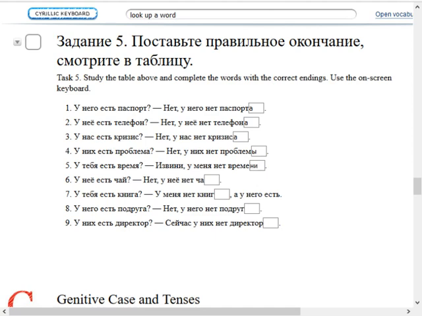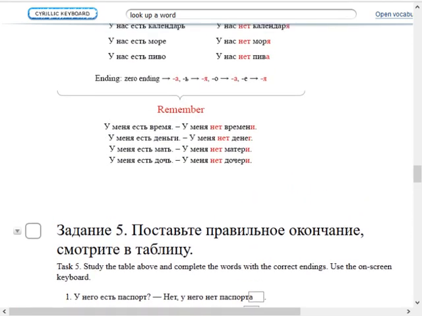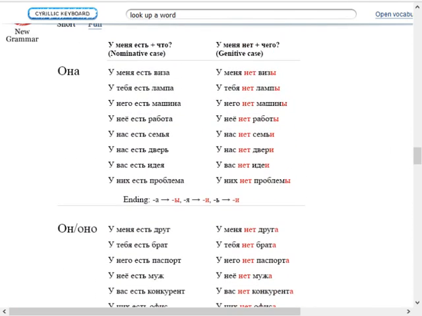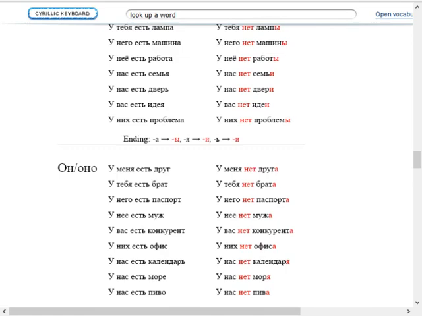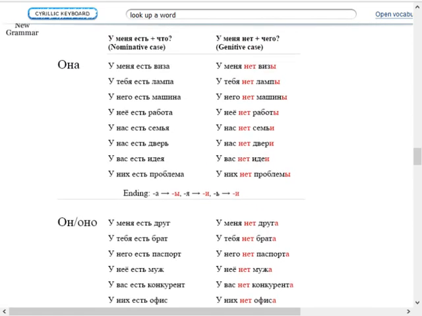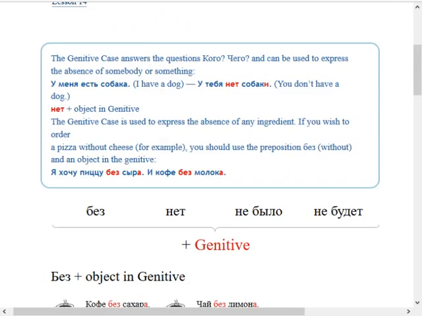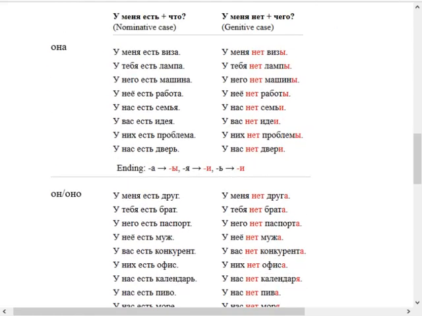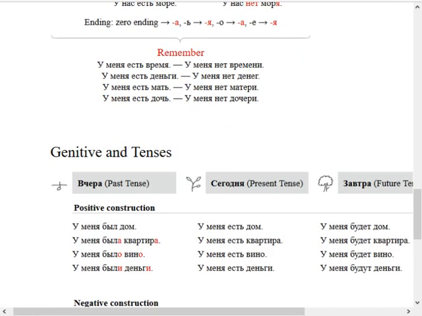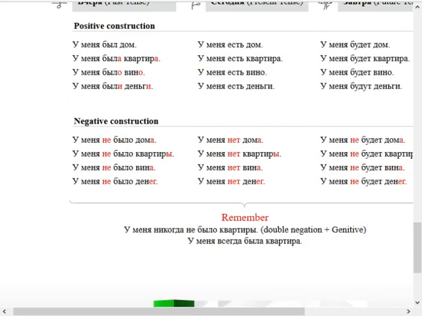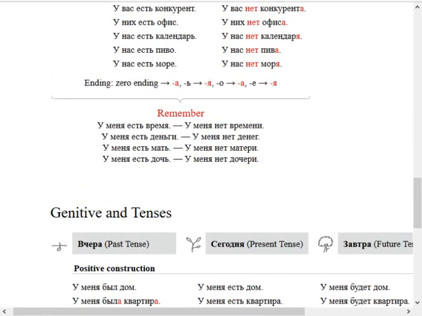У него есть чай. Does he have tea? Нет, у него нет. So if the word ends in... I don't have an example here of a word that ends in that character, do I? No, I do not.